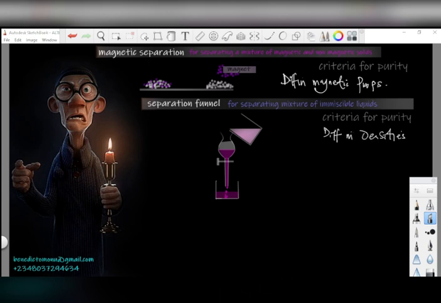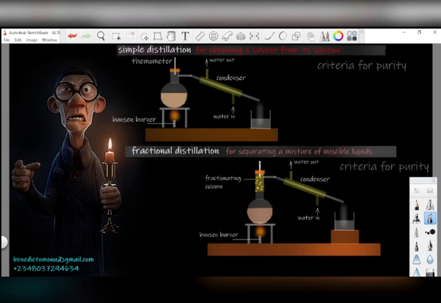Next up, simple distillation, a very important point, is for obtaining a solvent from a solution. You have a setup like this. This is a flask or round bottom flask. You connect a delivery tube. Here we have a condenser that will condense any gas that comes out of this solution. As you heat it up, it begins to boil.